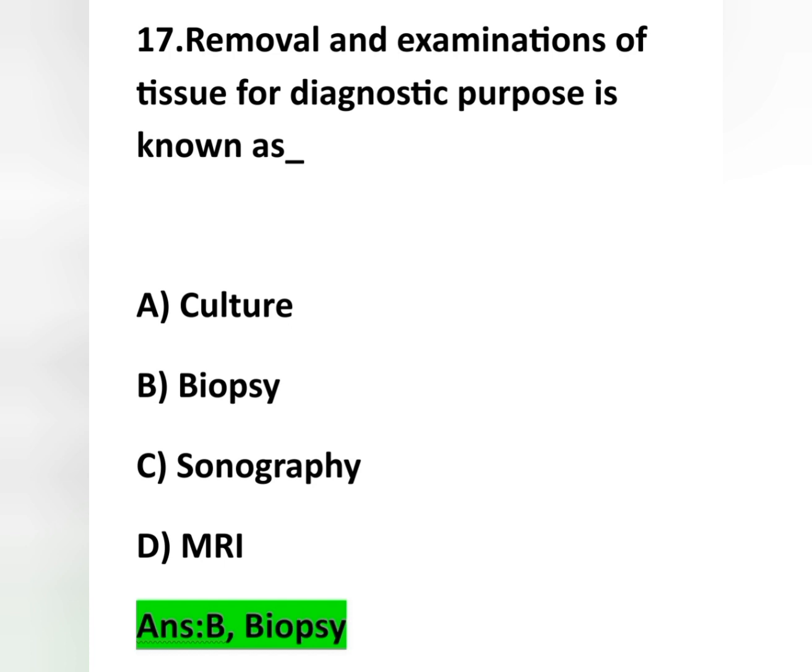Endoscopic biopsy means using an endoscope. In the remaining options, culture means checking whether microorganisms are present in a particular specimen, and sonography and MRI are the visualization of body parts. Here removal and examination of tissues for diagnostic purpose is biopsy.